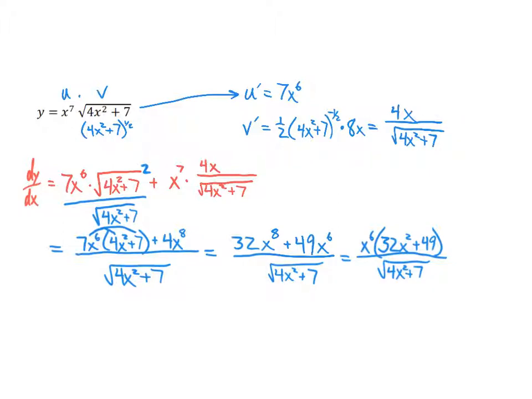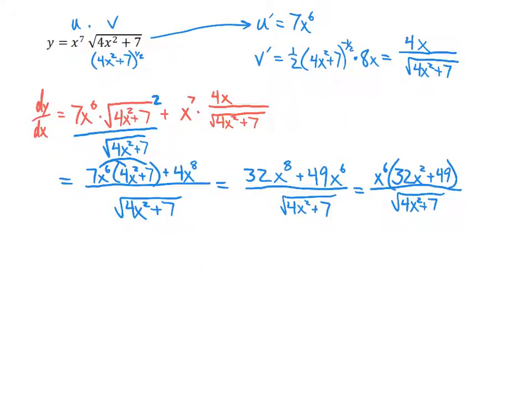I want to show you, though, an alternative form of simplifying this, and whatever way makes the most sense to you, I want you to use that. Okay? You can think of this as getting a common denominator, or going back, dy/dx is the 7x to the 6th radical.